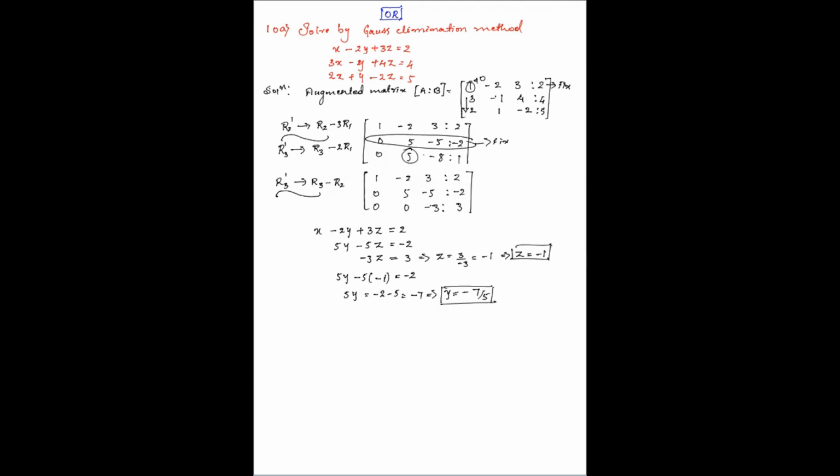Substituting the value of y and z in the above equation. So you can name this as 1, 2. So equation 2 here. So here equation 3 implies x minus 2 into minus 7 by 5 plus 3 into minus 1 equal to 2. So simplifying this, x equal to 2.2 we are going to get.